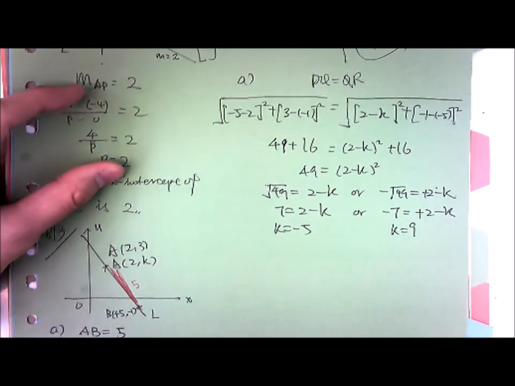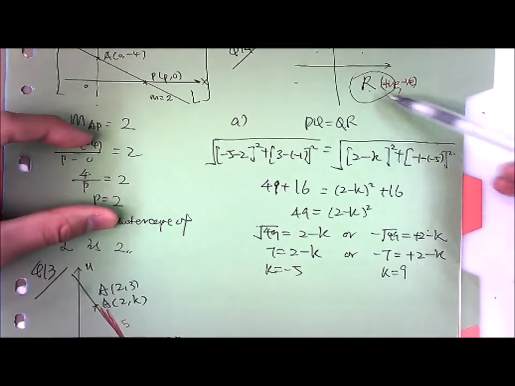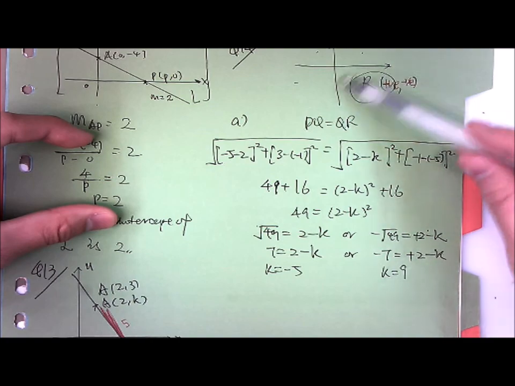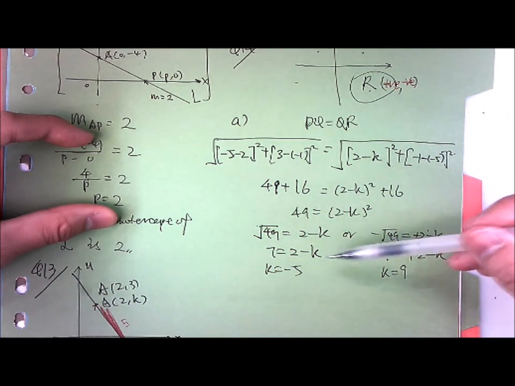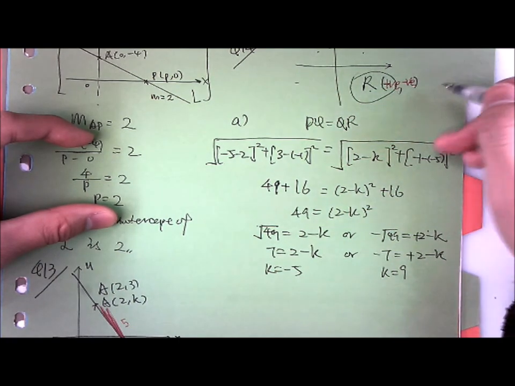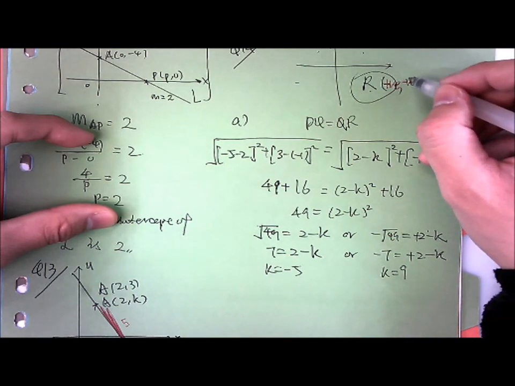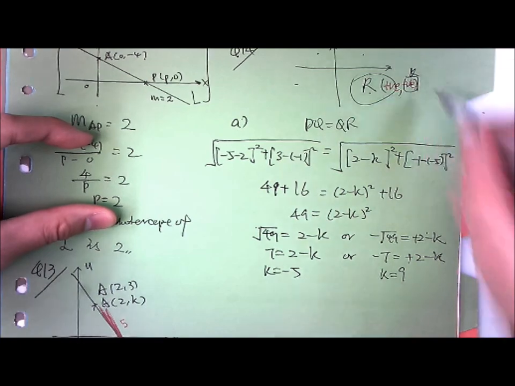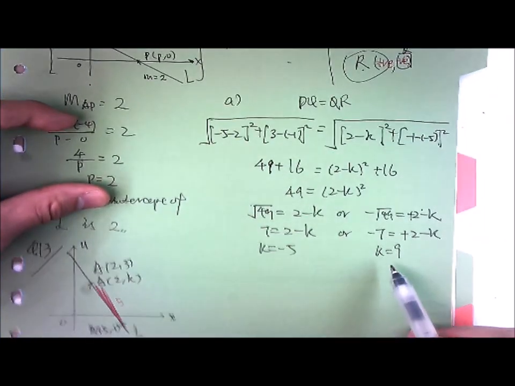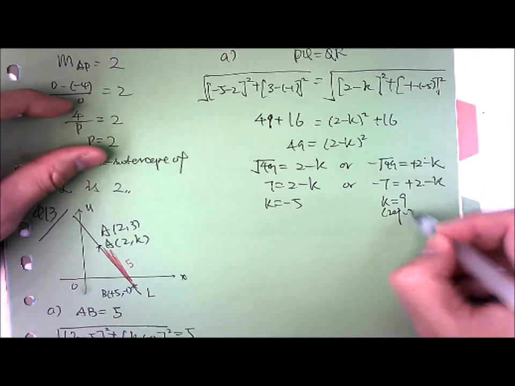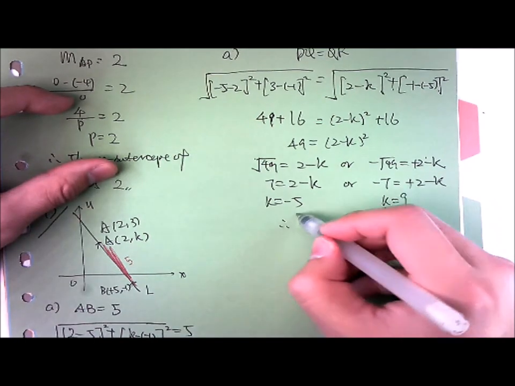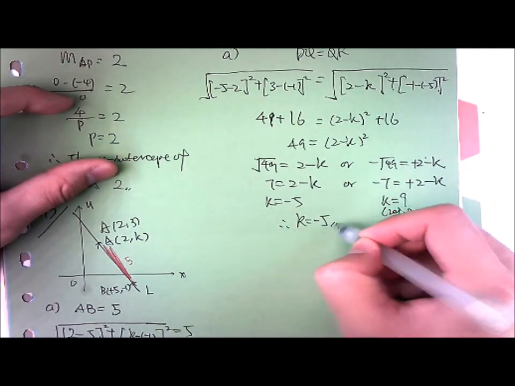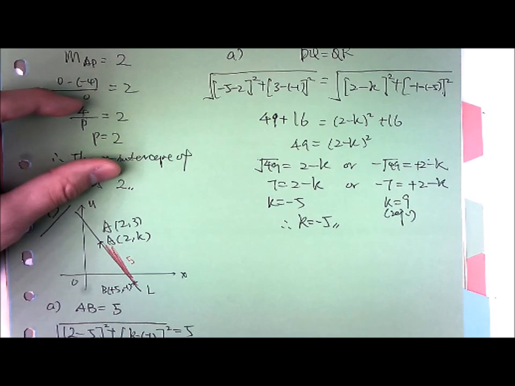Because this R is in quadrant 4, the k is actually the y coordinate of R, right? So here is the k. The k here is negative. So you find this k to be positive, so you reject this. So the final answer of k should be minus 5.